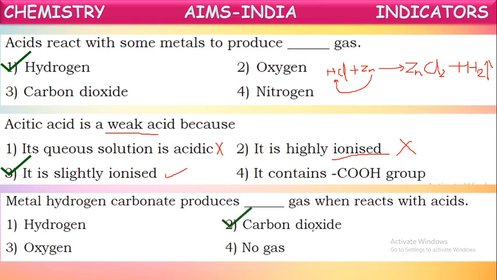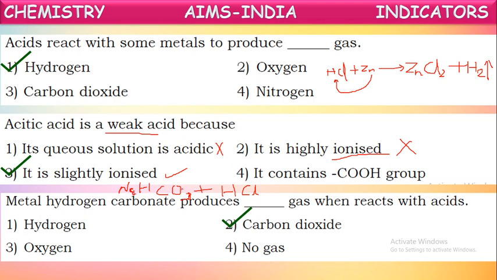For example, sodium bicarbonate, NaHCO3, on reaction with any acid, let us take HCl in the dilute form. Generally we take acids in the aqueous or dilute form, meaning dissolved in water.